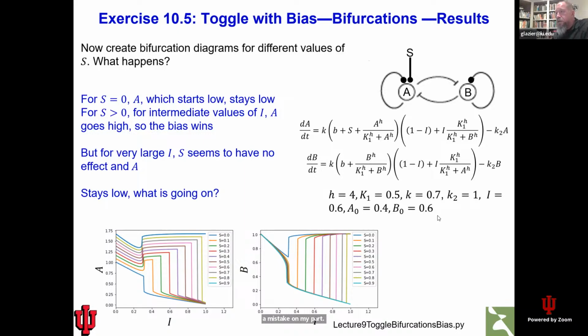It is going to depend on the parameter values, so we should make sure that you and I are using the same parameter values. And here I started with B0 equal to 0.6. But we could play with that a bit too.